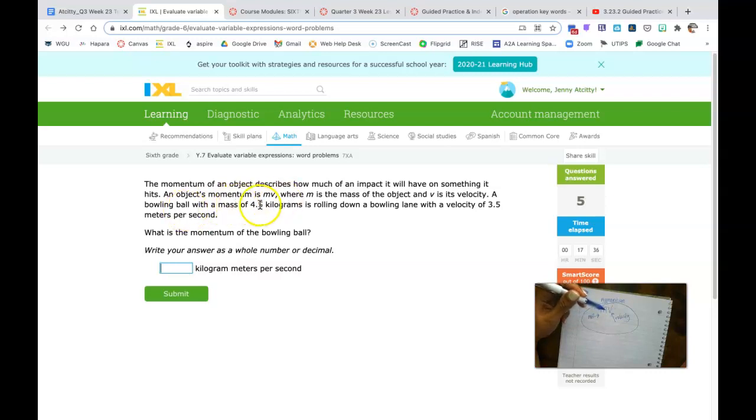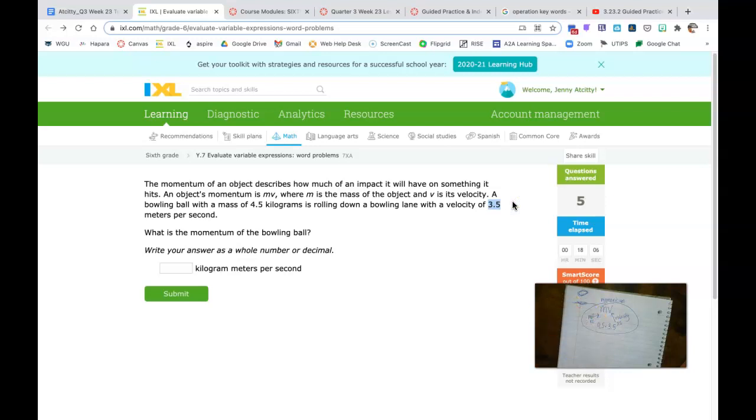Now a bowling ball with a mass of 4.5, so my mass here is 4.5, is rolling down a bowling alley with a velocity of 3.5 meters per second. What's the momentum? I'm going to substitute 4.5 for m, and multiply that by the velocity of 3.5, because 3.5 is the velocity it gave me in the word problem.